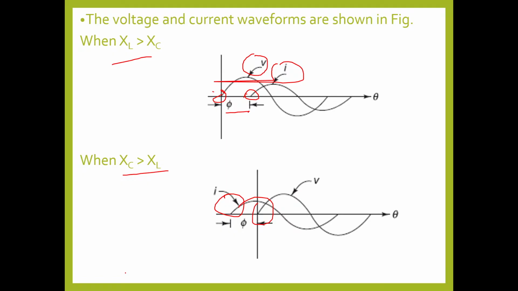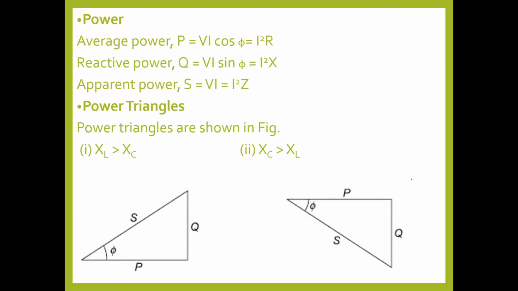Okay, and you can even write the power equations. So average power, which is the active power, P is equal to VI cos phi. That is I square R. Reactive power Q is equal to VI sin phi, that is I square X. And apparent power is given by S is equal to V into I, that is I square Z. Similarly, you can draw the power triangles.